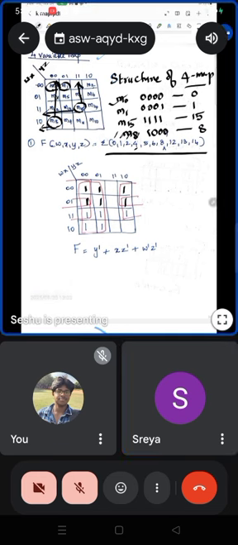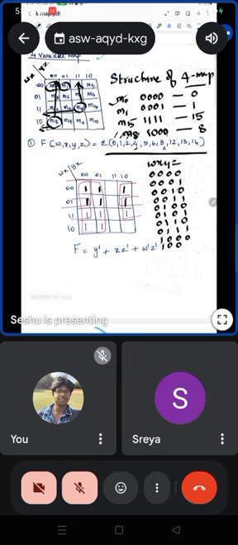I will write out the full numbers. W, X, Y, Z. These are the four variables, and we can name them as 0, 0. All the 16 combinations: 0 0 0 0, 0 0 0 1, 0 0 1 0, 0 0 1 1, 0 1 0 0, 0 1 0 1, 0 1 1 0, 0 1 1 1, then 1 0 0 0, 1 0 0 1, 1 0 1 0, 1 0 1 1, 1 1 0 0, 1 1 0 1, 1 1 1 0, 1 1 1 1.